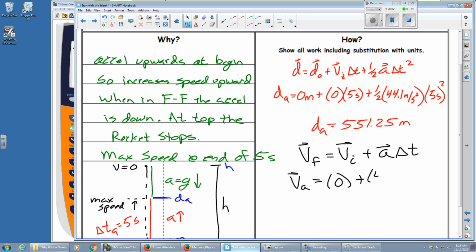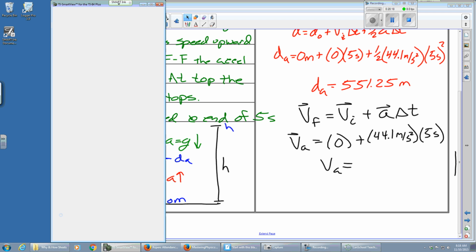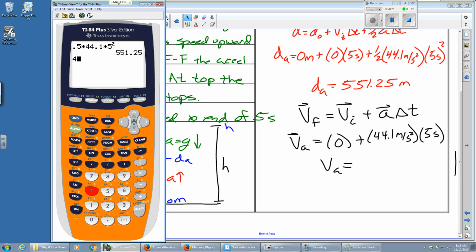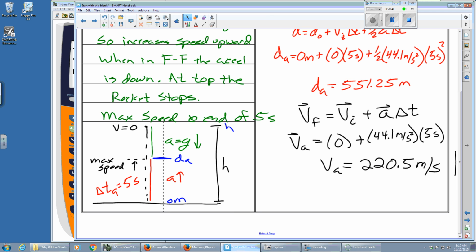My acceleration is 44.1 meters per second squared. My time is 5 seconds. The velocity at A, I get 220.5 meters per second. Pretty fast, right?